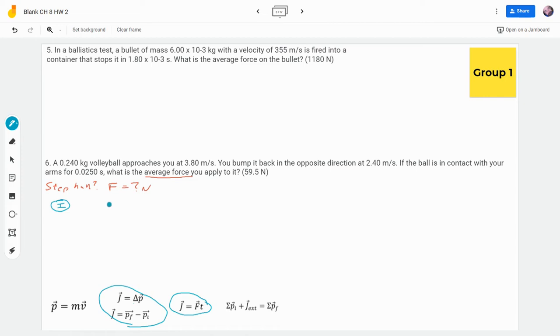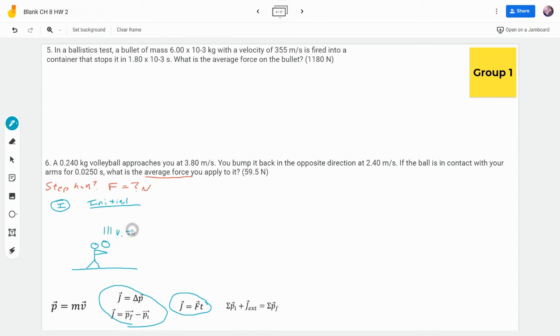Let's actually make a sketch of this. I'll make two sketches, an initial sketch and a final sketch. So let's assume initially bumping the ball in volleyball, that's when you hold your hands out in front of you and you bounce the ball. Let's say initially, right before the ball hits your arms, it's coming straight down.